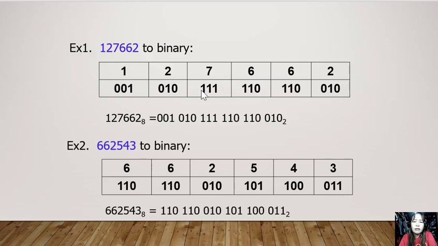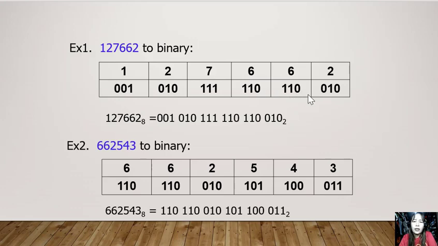7 is of course the sum of 4 plus 2 plus 1. So all three numbers make it on. So we add 4 plus 2 plus 1, that's 1, 1, 1. That's the equivalent binary for your octal 7. And then again, of course, it's 1, 1, 0 for number 6, because that will add up 4 and 2.